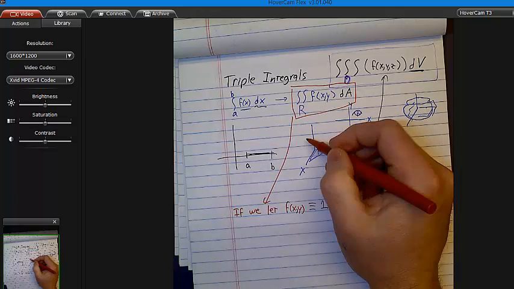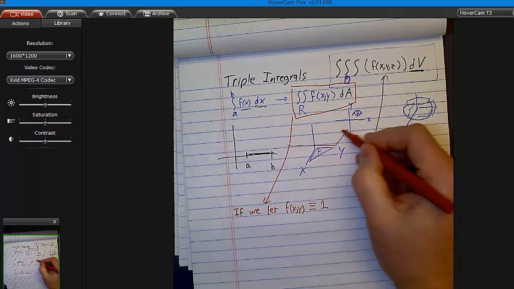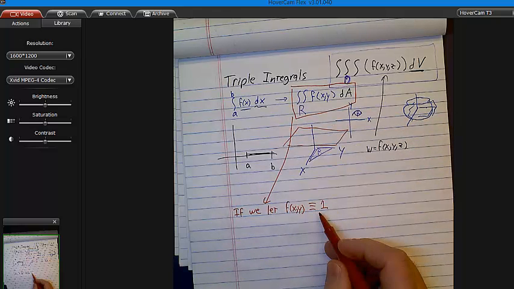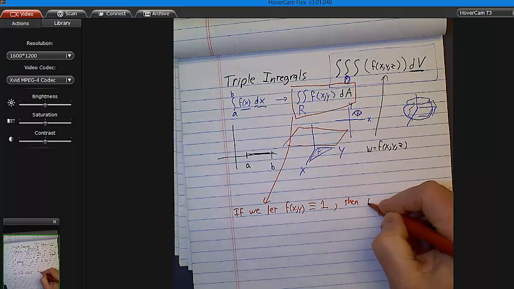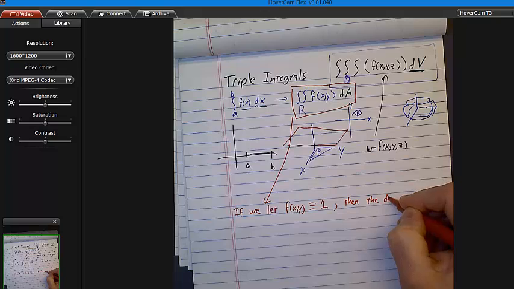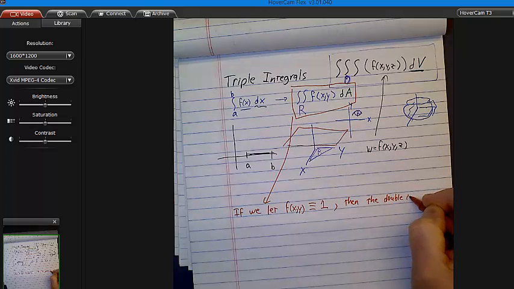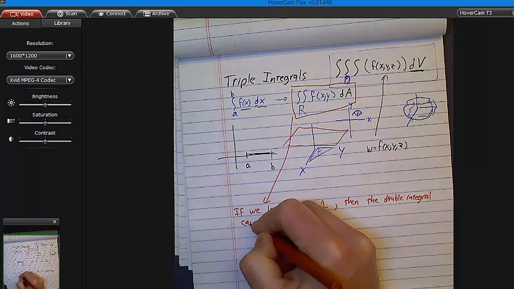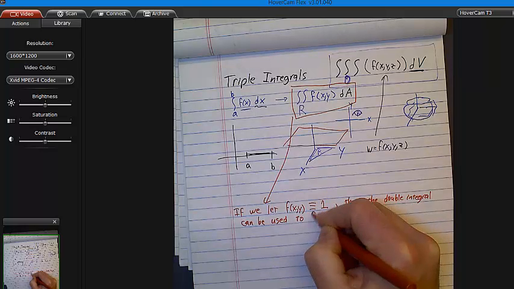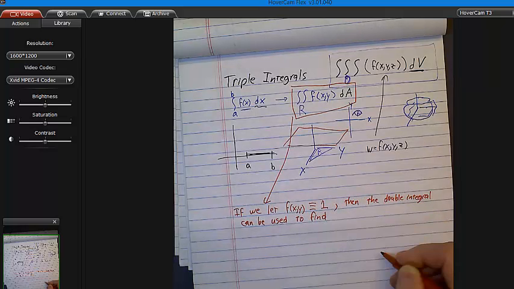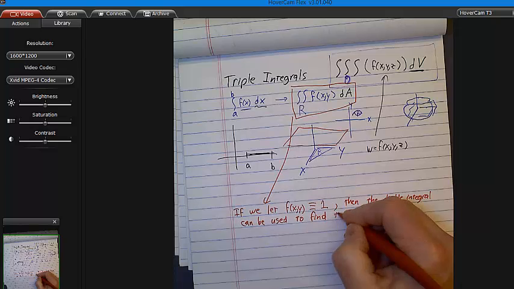It's just a plane right along 1. What's really nice about that is then the double integral can be used to do what? To find the area of R. That's right.